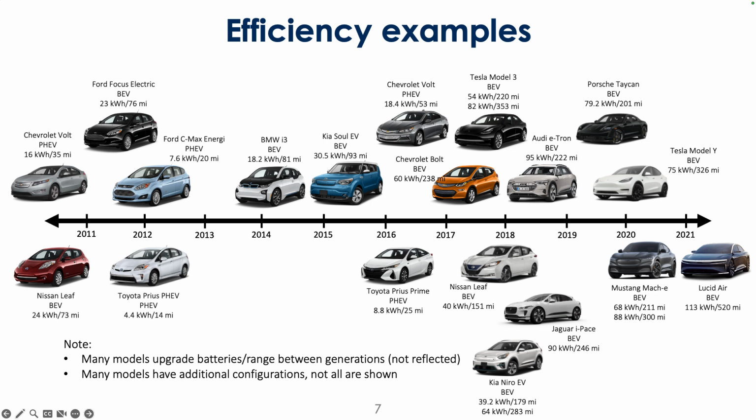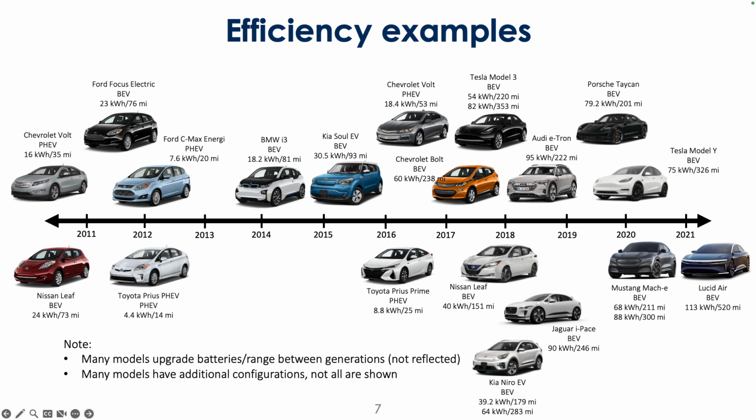Yeah, so here are a bunch of examples of vehicles in the last like 15 years, and we can see what those efficiencies look like. They haven't been calculated out in terms of the full ratio where you can look at the actual kilowatt hour per individual mile.